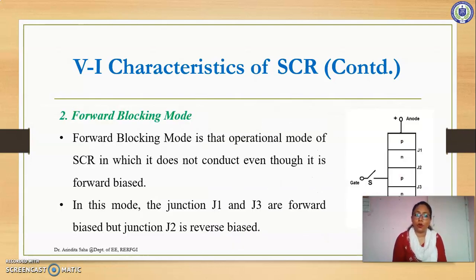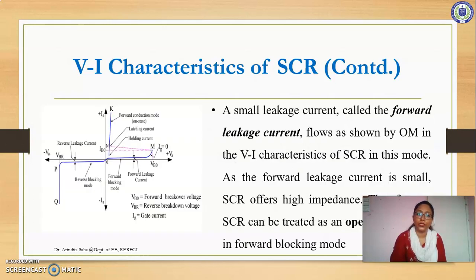Next is the forward blocking mode. By this we understand that the anode will be connected to the positive terminal and the cathode to the negative terminal. That means the SCR is in forward condition, but still in this condition it will not conduct, because here junction J1 will be forward biased, junction J3 will be forward biased, but junction J2 will be reverse biased.